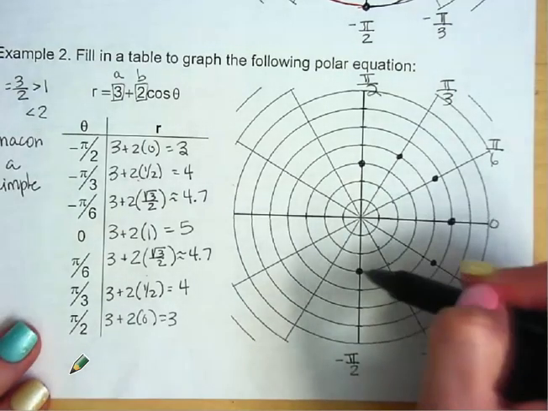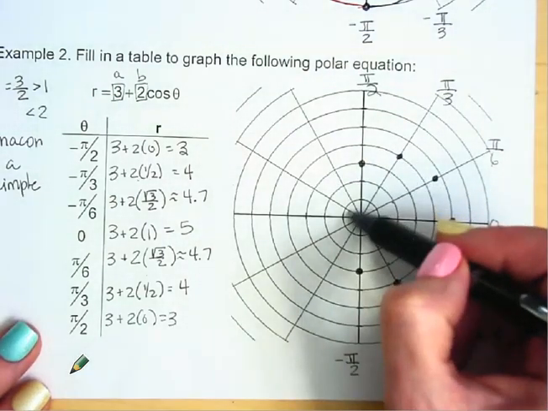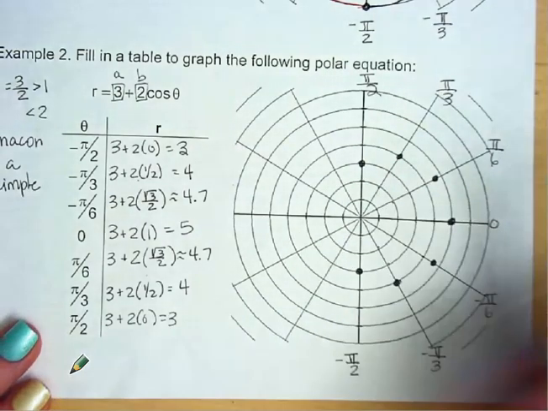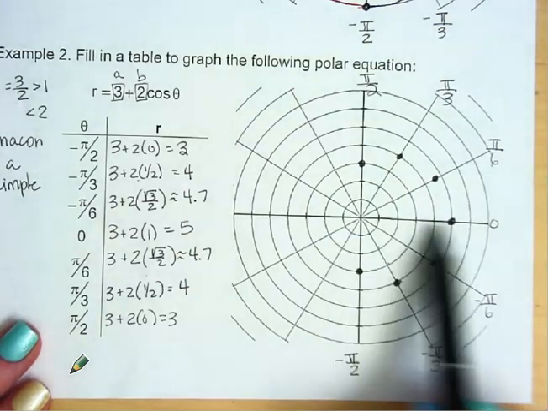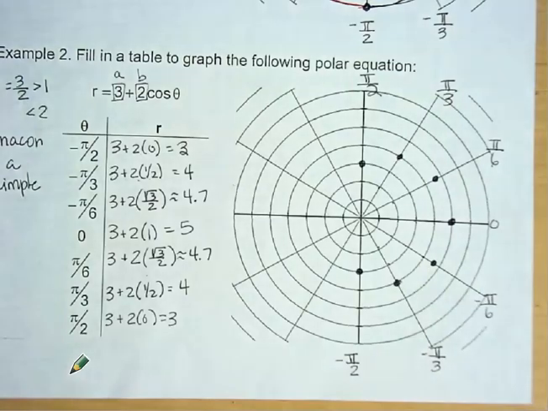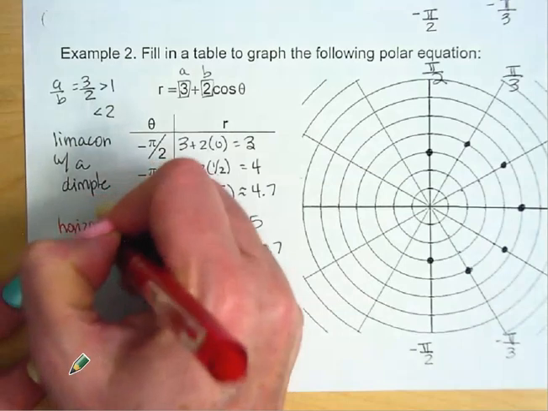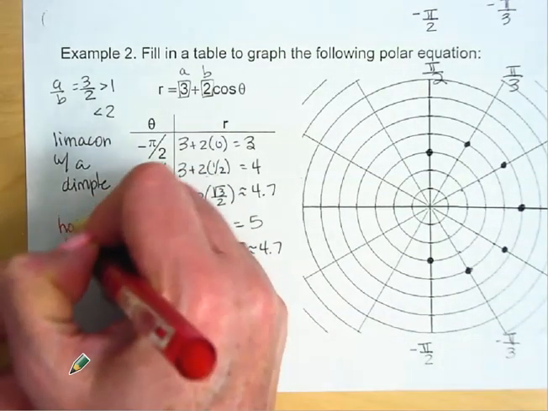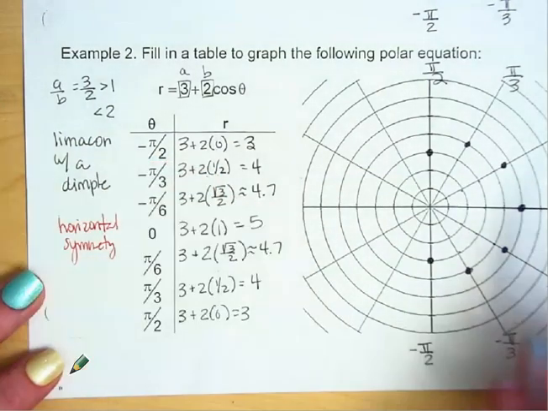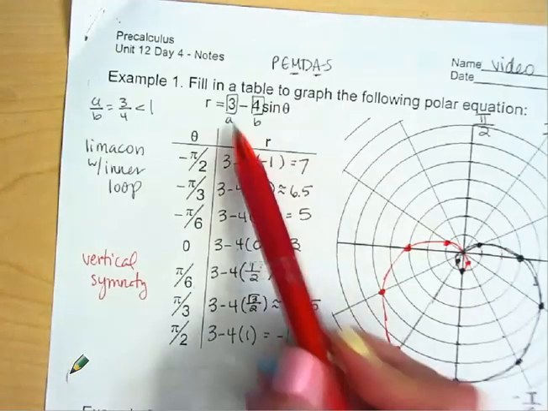We know that this is going to be a limaçon with a dimple, so it's going to come in and then back out, and we can tell that it's going to be symmetrical over this horizontal axis, so it has horizontal symmetry. Horizontal symmetry will happen when you have addition, and vertical symmetry when you have the minus.